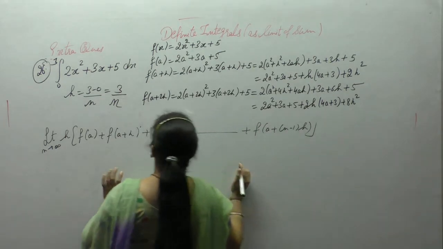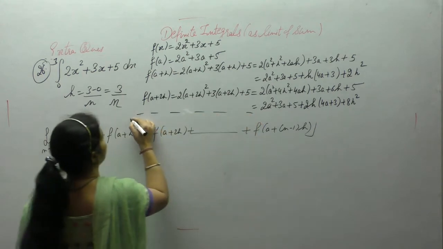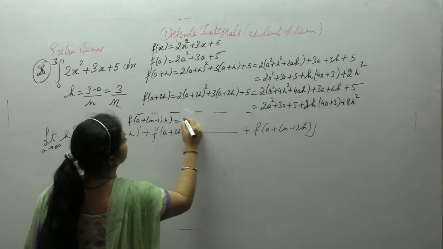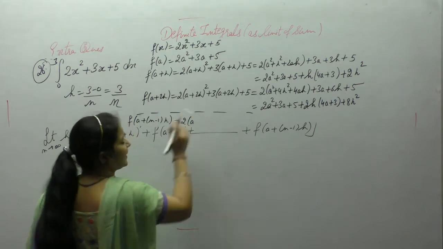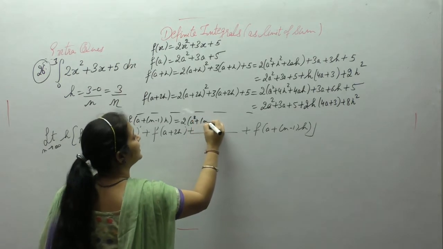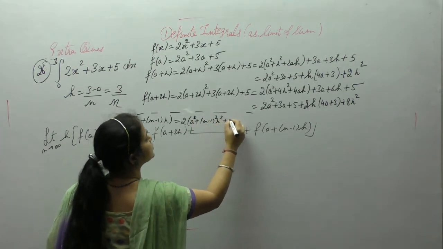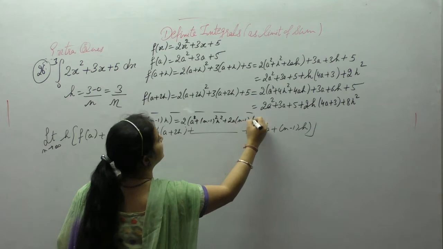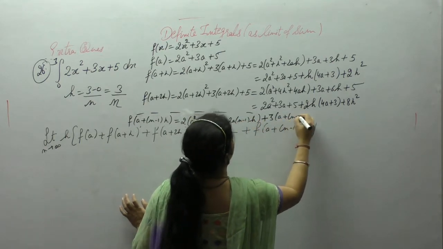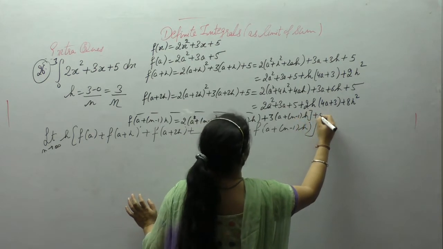And so on up to f of a plus (n minus 1) into h. 2 times (a plus (n minus 1)h) whole square expands with a square plus h square plus 2ah, plus 3 into (a plus (n minus 1) into h) plus 5.